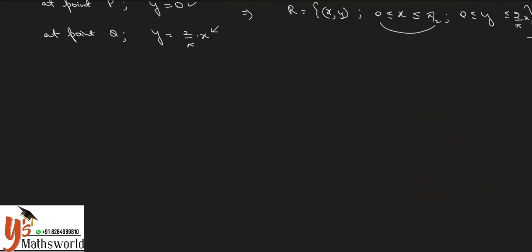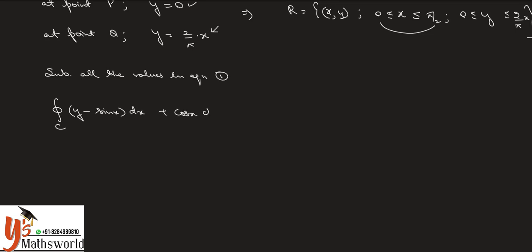Now substituting all the values in equation 1. So the line integral along the curve C, y minus sine of x into dx plus cos of x into dy, is equal to the surface integral of minus 1 plus sine of x.